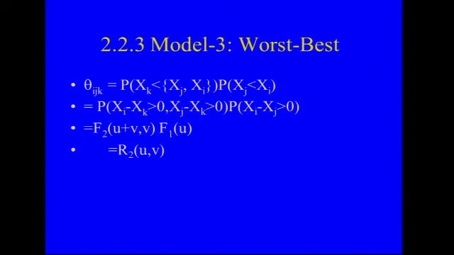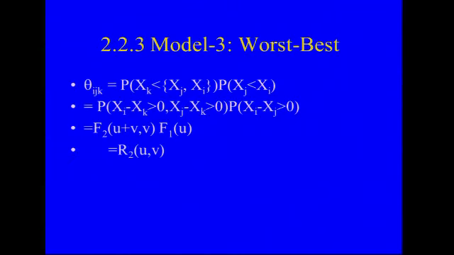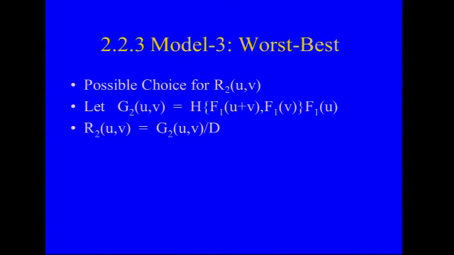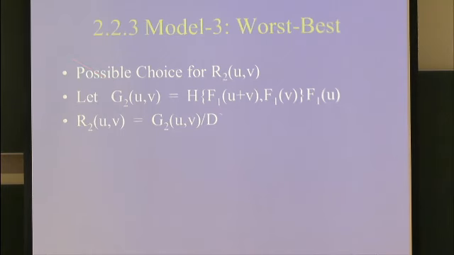We could think about a variation, worst-best, and now the change is that U and V have swapped roles, and have swapped around the roles of U plus V and V, but in fact if your F2 distribution is symmetric, that doesn't really matter. So a possible choice in this case would be G2 as a copula function H, now with arguments F1(U+V) and F1(V), and then a marginal F1(U).